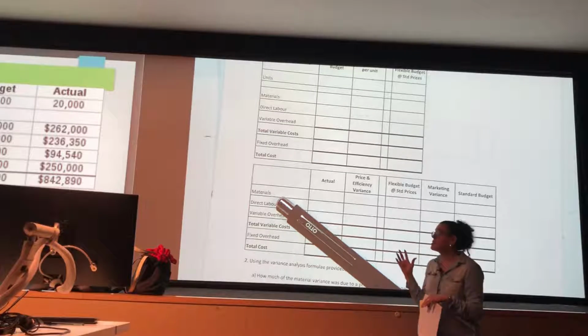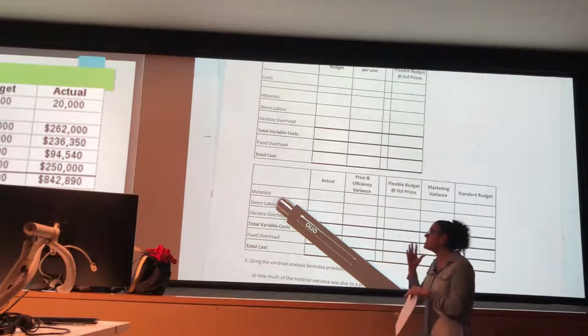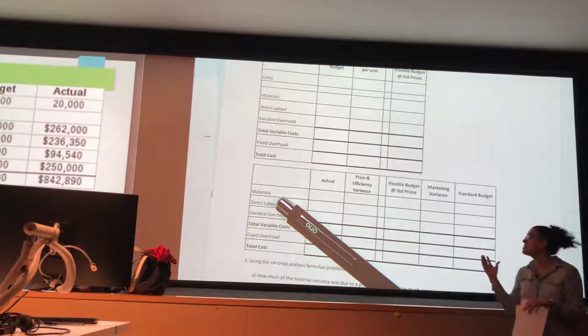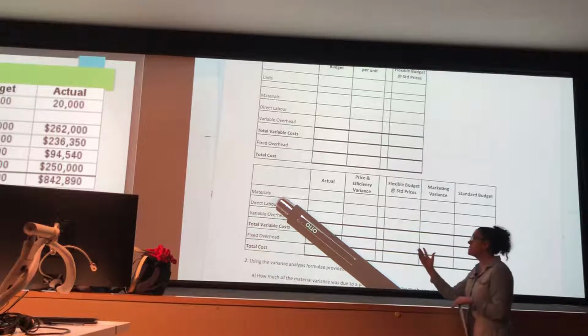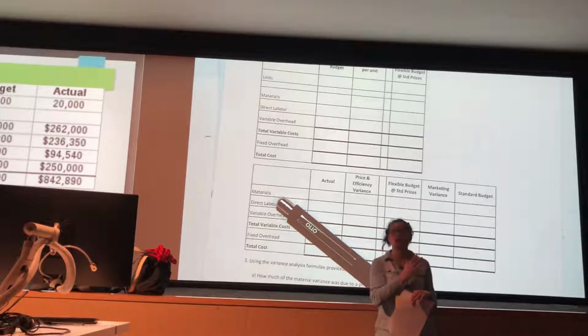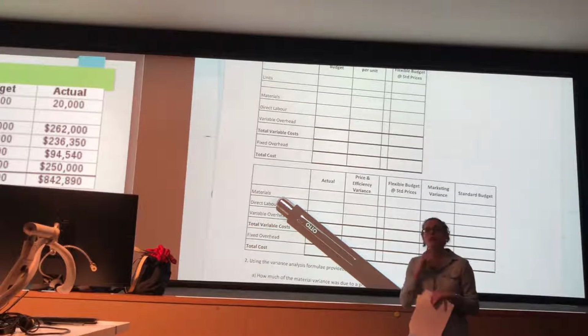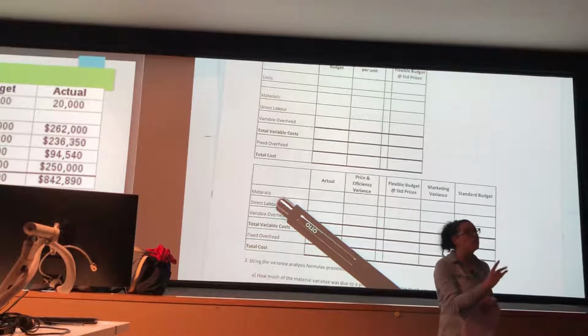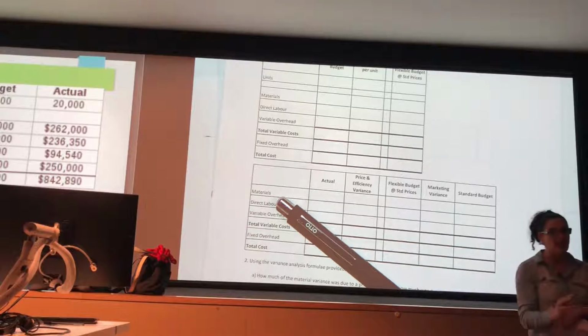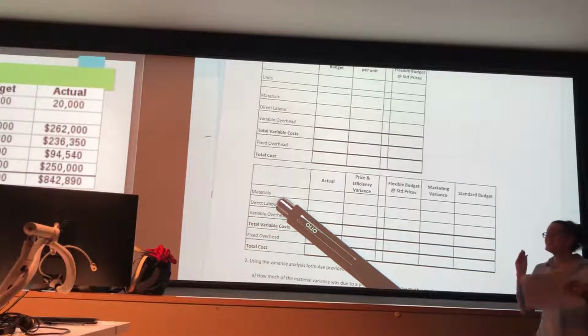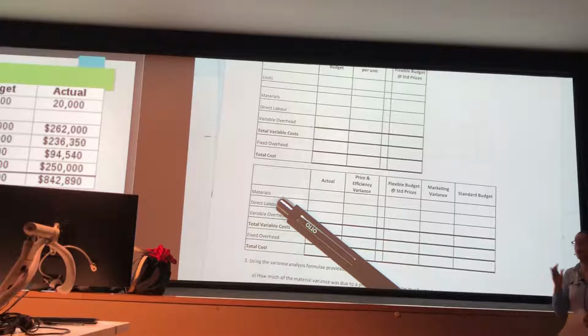And so in this case, we can already see that we had spent more than we anticipated by $22,000. So we already know it's unfavorable. In this particular instance, it's very easy to call because our units are the same. If our units had been different, I couldn't just look at it like this and call it. We would have to restate our budget or our actuals.